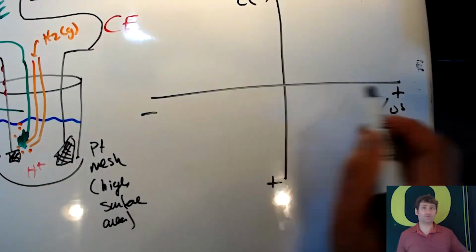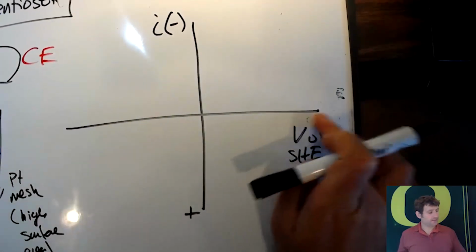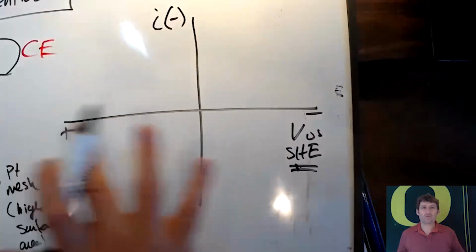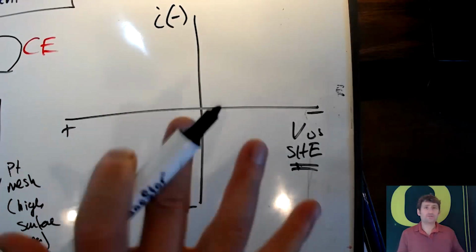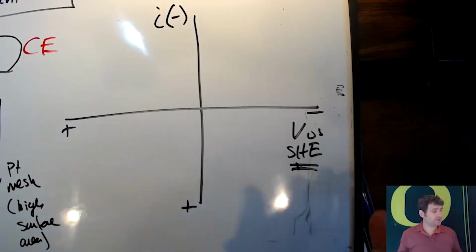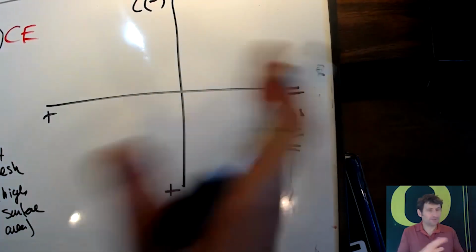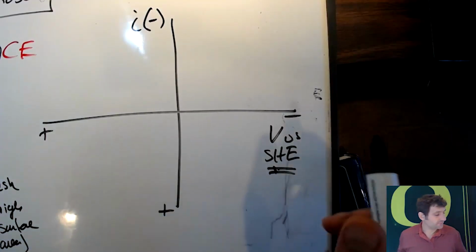So that sets our voltage scale on the x-axis. Sorry, this would be negative voltage over here, positive over here. This is the sort of backwards nomenclature, or standard sign convention, for current and voltage that Bard and Faulkner use for historical reasons. We typically flip the axis in the research lab. But it's good to be familiar with both.